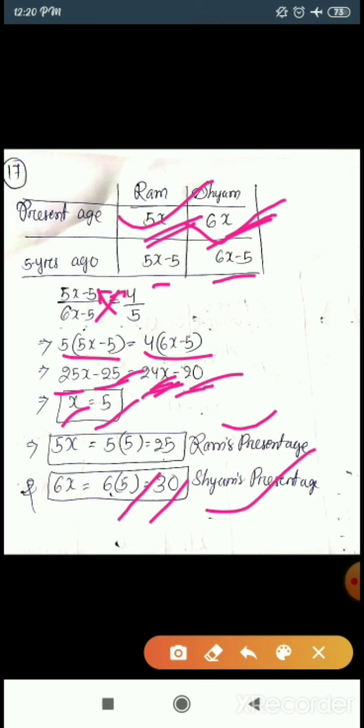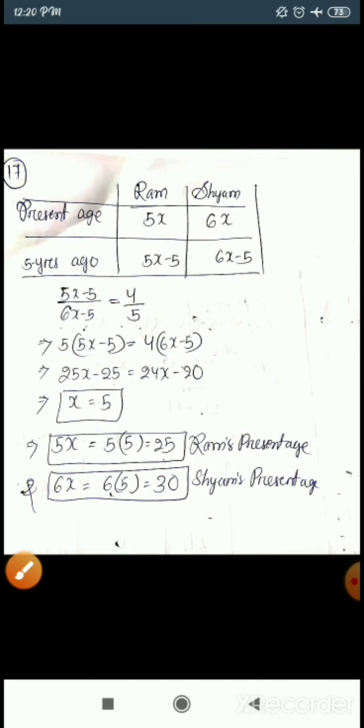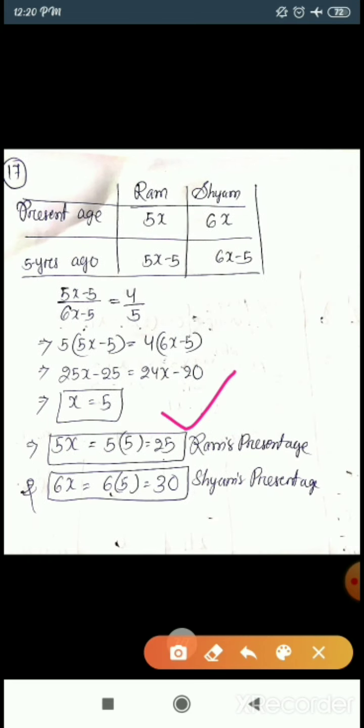Okay, remember one thing, here I have not written years. 30 years you have to write, here also 25 years you have to write. Okay, years you have to mention. So what is Ram's present age? 25 years, and Syam's present age is 30 years. Okay.